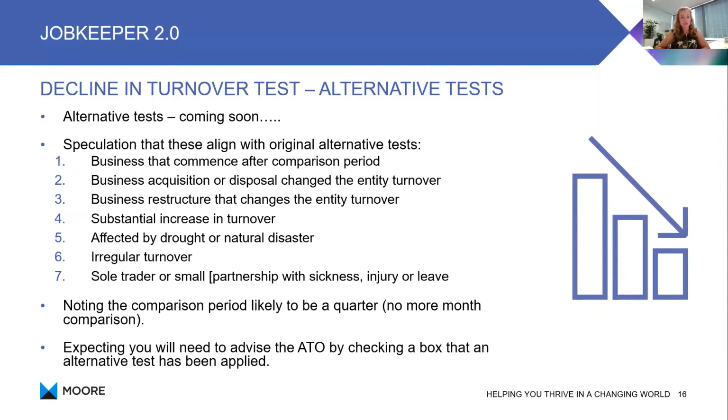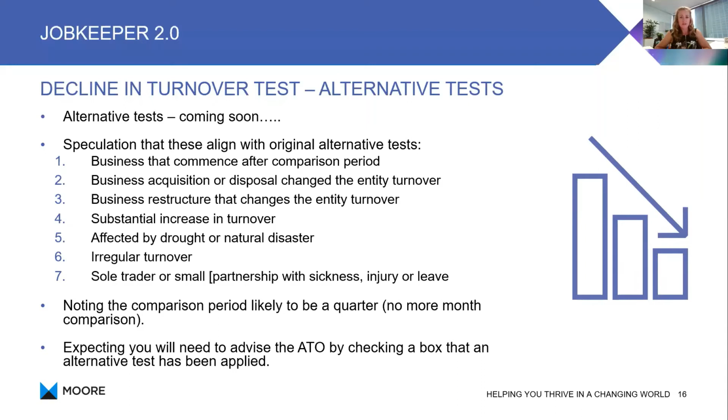A business acquisition or disposal that changed the entity's turnover. So if something happened last year that skewed the results when you're comparing this year to last year, again, you've got that different test period. A business restructure that changes the entity's turnover. So maybe you've done something last year that actually means this year's gone higher, but you should have had a different period to test against.